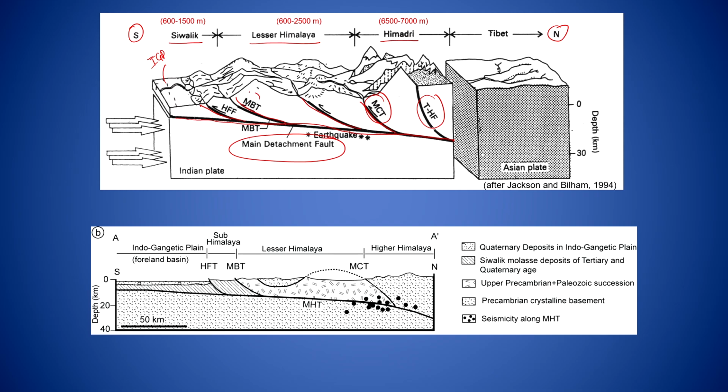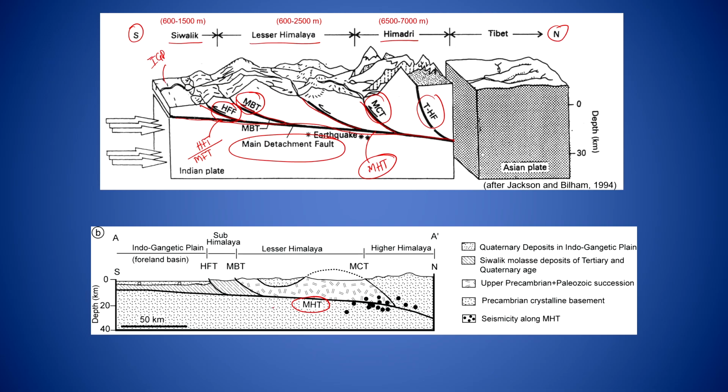Then we have the main boundary thrust, which marks the boundary between the Shivaliks and the lesser Himalayas. And then the Himalayan frontal fault or Himalayan frontal thrust, and in some literature you will find this as the main frontal thrust. Okay. And the detachment which is there has also been termed the main Himalayan thrust. Okay. That is what has been shown here.